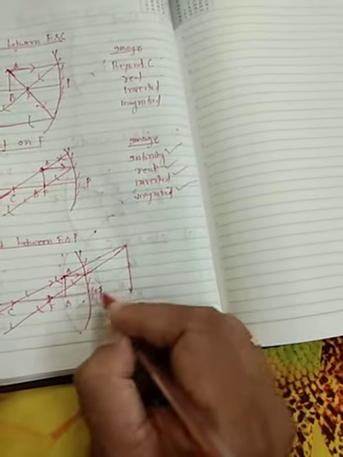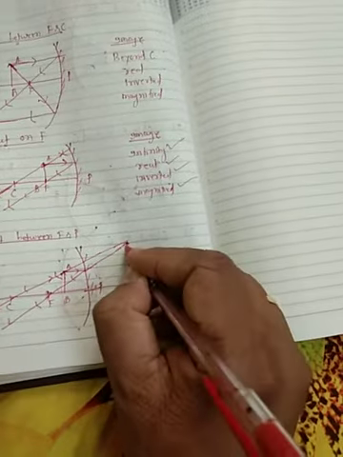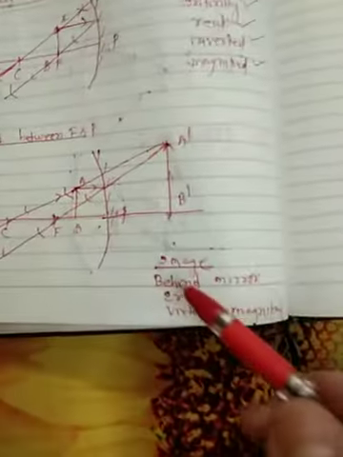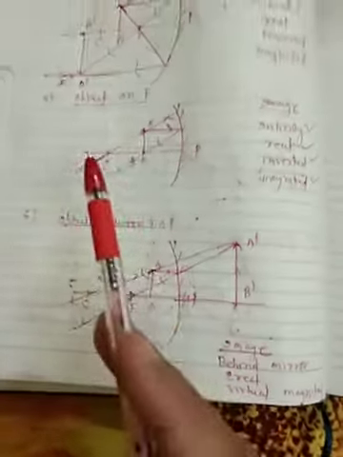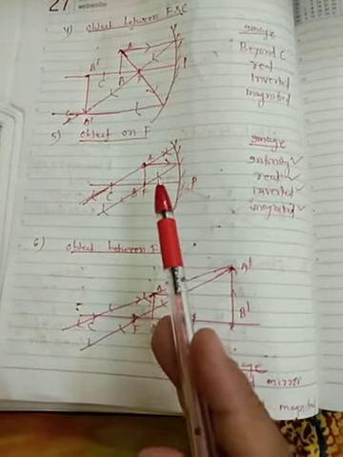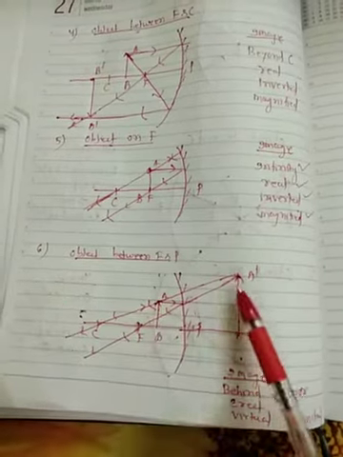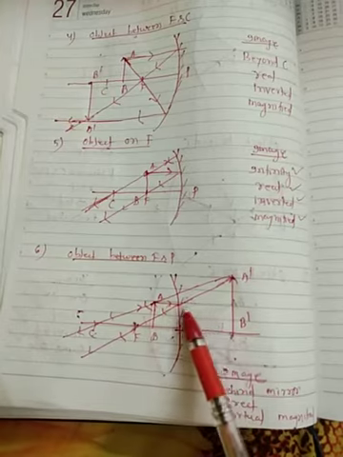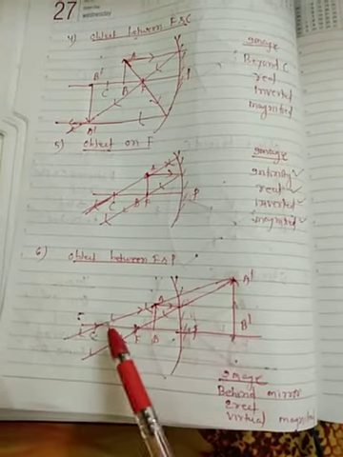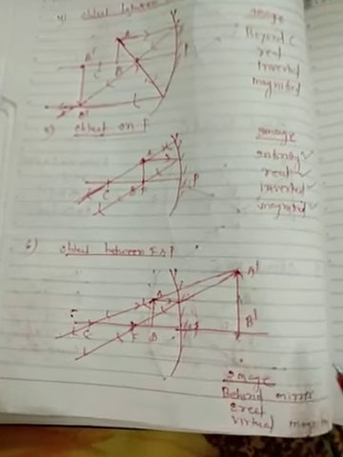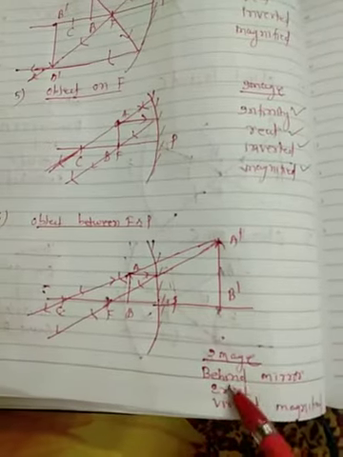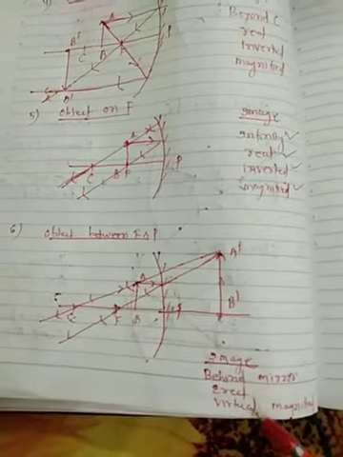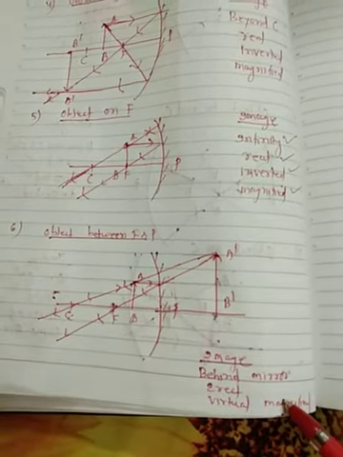So this is your image, A dash B dash, and you can see the image is behind the mirror. In all the other 5 cases, the image was on the same side as the object. Here the object is on the left side and the image is on the right side. So the image is behind the mirror. It is an erect, virtual and magnified image.